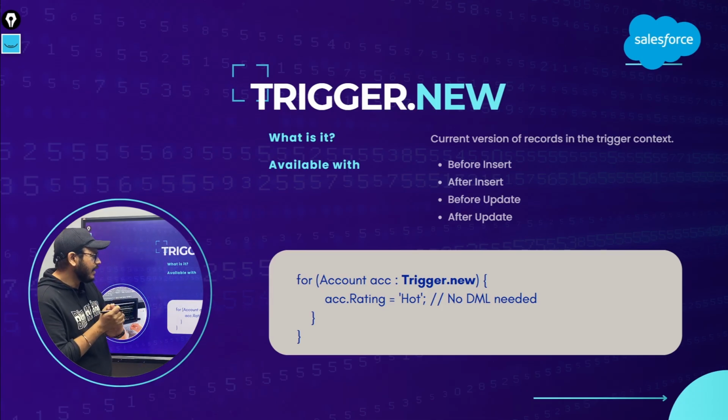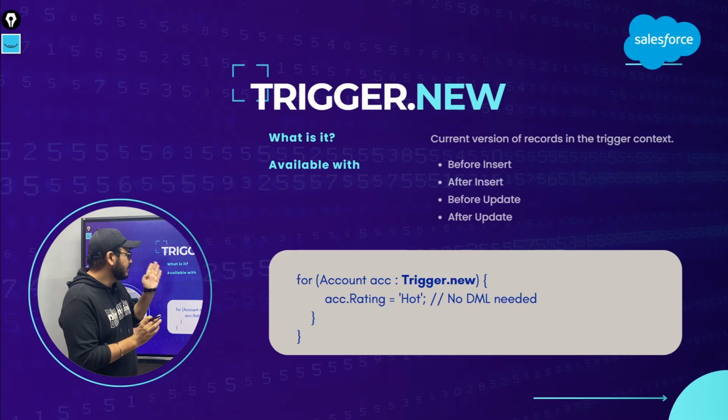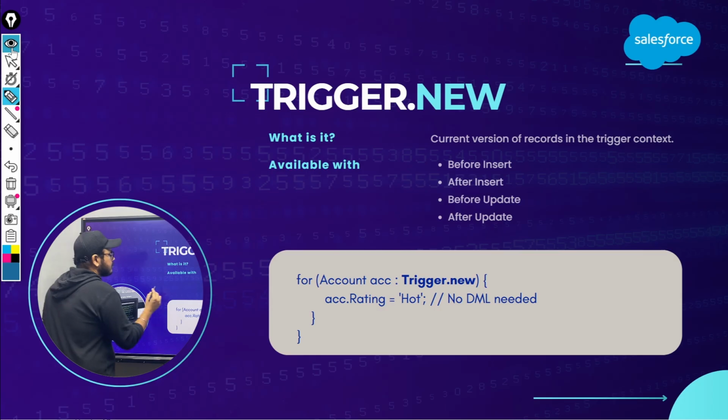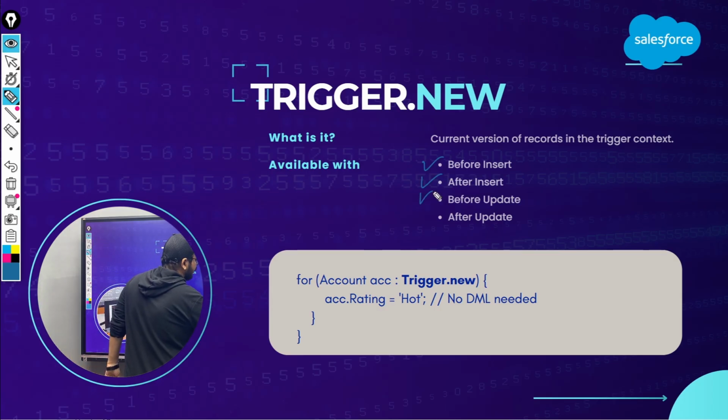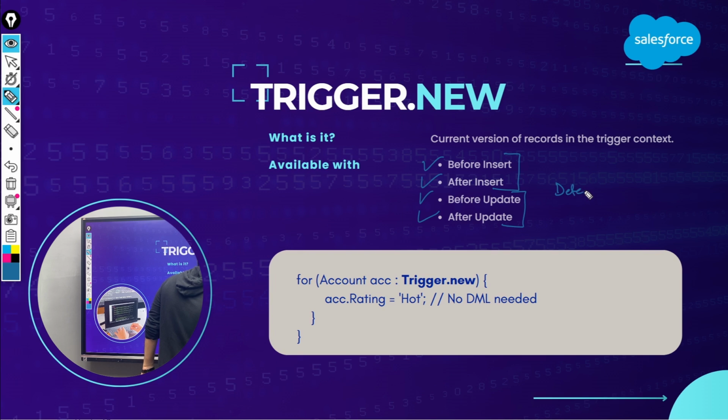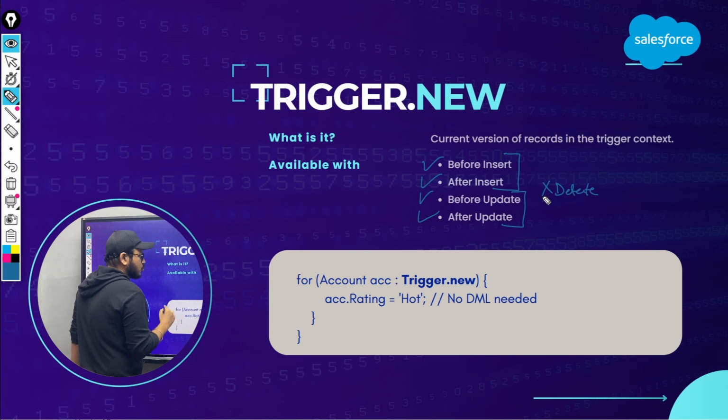And where is this available? This is available with before insert, after insert, before update, and after update. So if you notice, this is only available with insert and update operations. It is not available with a delete operation. The concept is very simple.